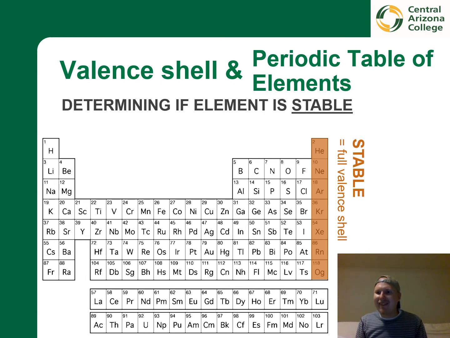The group at the very far end on the right containing helium, neon, argon, krypton, and so on. So this group, which I have highlighted in dark orange, is very stable. These elements have a full valence shell, so they are really not in a rush to go anywhere from their happy place.